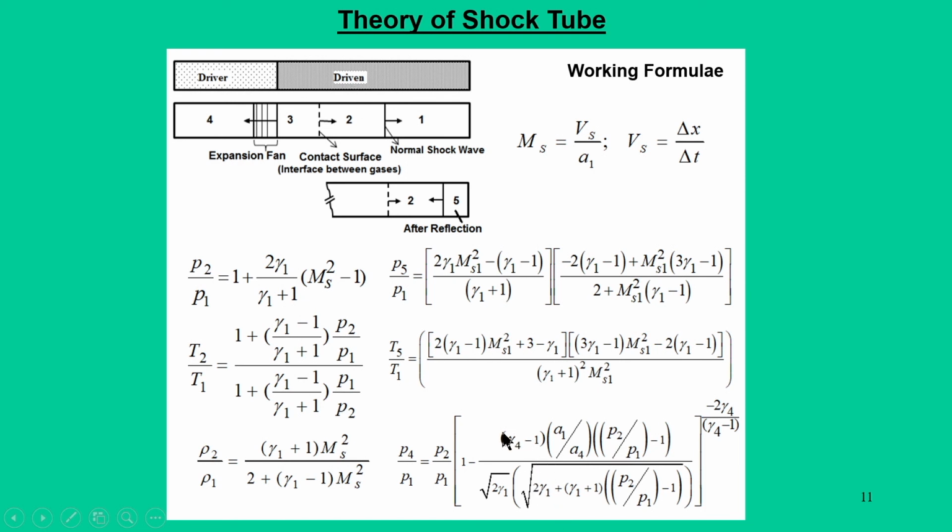The challenge lies here: from this equation, if you take gamma 4 for a monoatomic gas, that means a lower molecular weight gas, then we can have a higher pressure ratio. Also, the speed of sound will be different, because gamma 1 is for air and gamma 4 is for the driver gas. So, these two conditions are going to change.